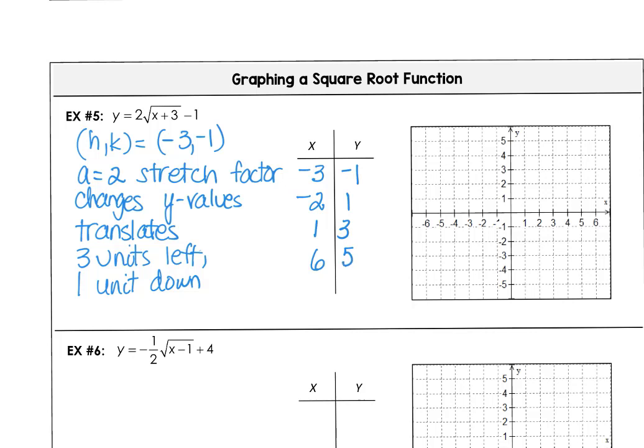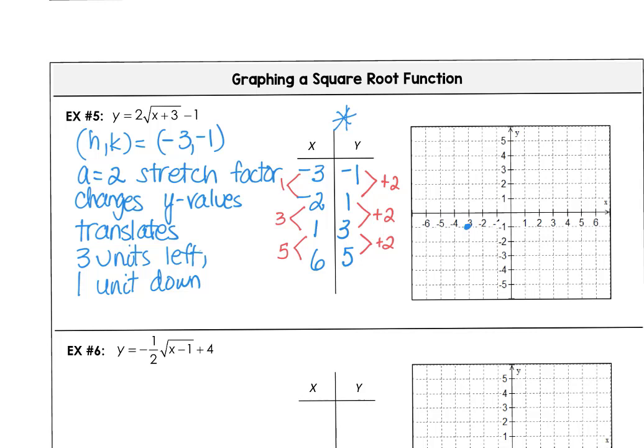So here you can see how that A value, we went 2 up on the Y, but we still have the 1 up, 1 right, 3 right, and 5 right on the X. So if you didn't want to make the table here, and you knew the behavior from what we've discovered, we could start off at -3, -1, and we want to go 1 unit right, but 2 units up.